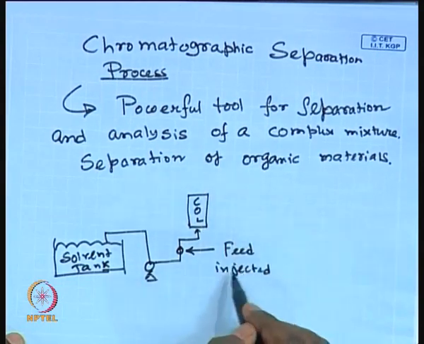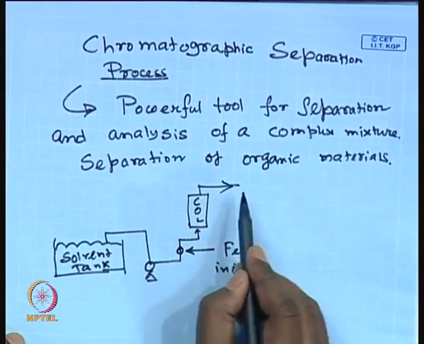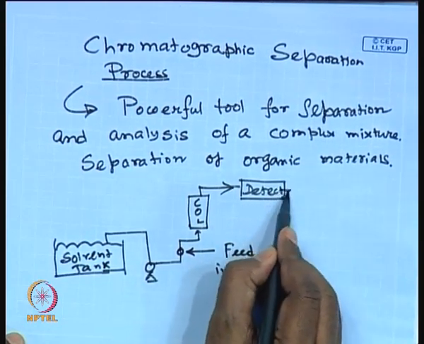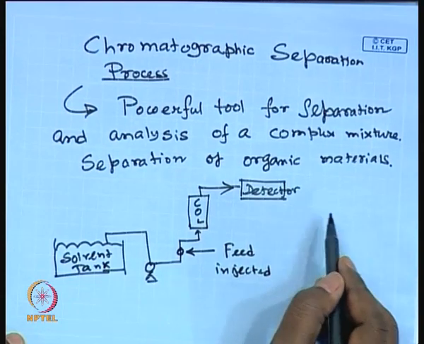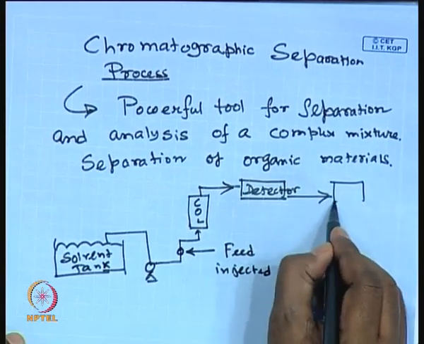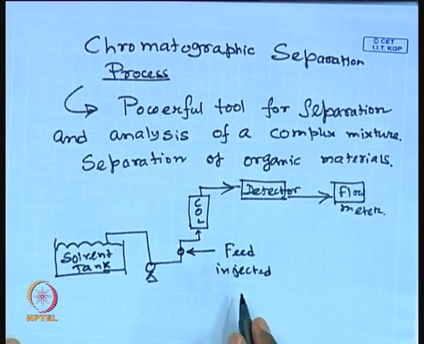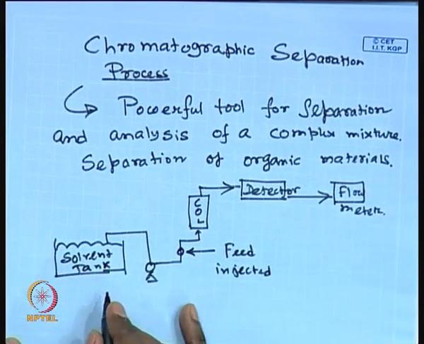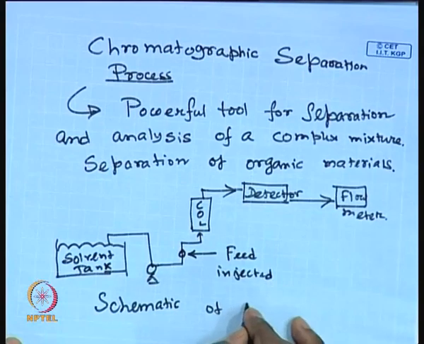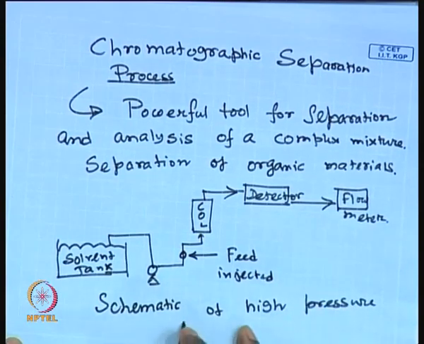The feed, being mixed with the solvent, goes through the column, and the effluent comes out through a detector. This detector is sometimes a refractive index detector, or sometimes a UV visible spectrophotometer, and then there is a flow meter to detect the flow rate of the solvent. So, this is a typical schematic of a high pressure liquid chromatograph.